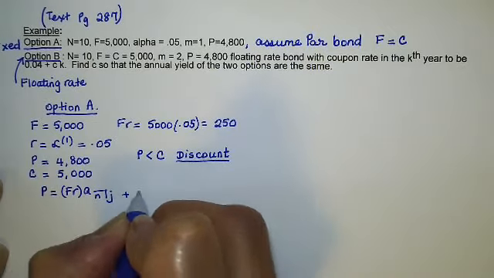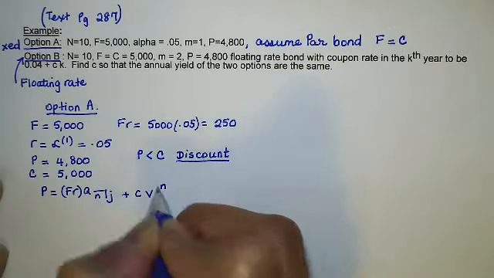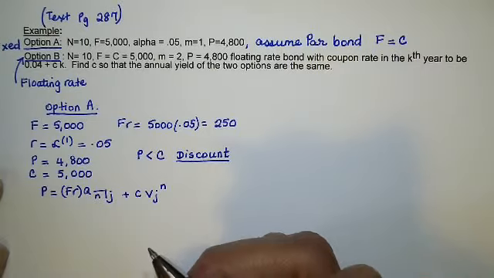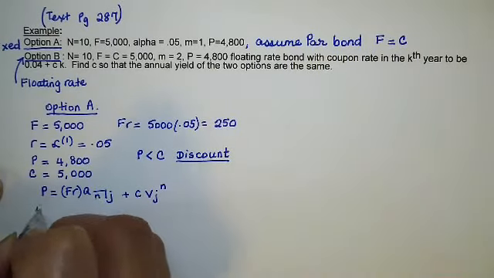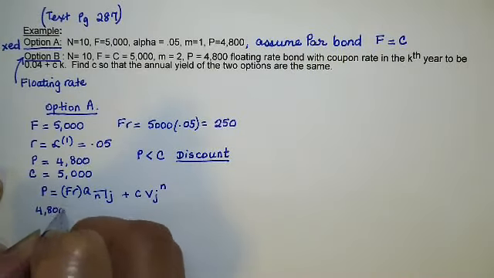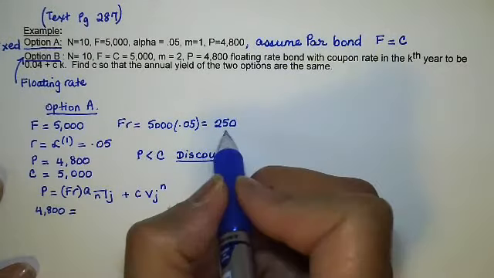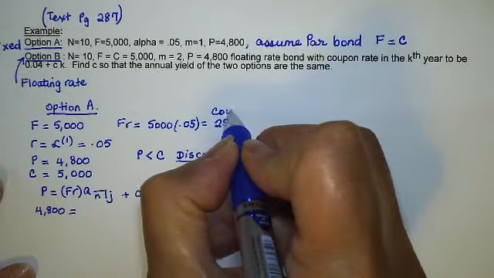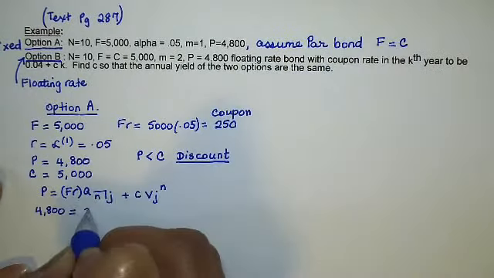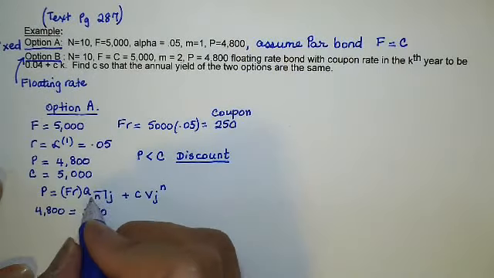P is equal to FR a angle n at J plus C v at J to the nth power. 4,800 equals 250, because F times R is 250.